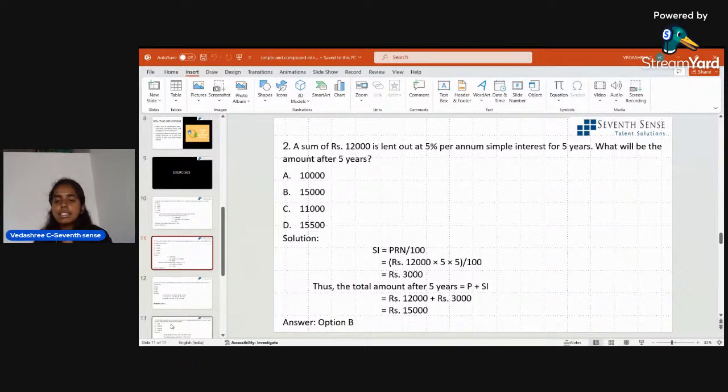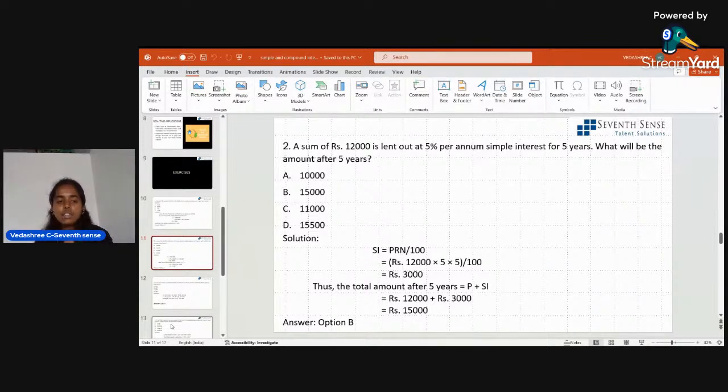In the question it is asked what will be the amount after 5 years, right? So the total amount after 5 years is the principal amount plus the simple interest. The principal amount is 12,000 plus the simple interest 3,000. If we add both, we'll get 15,000 as the answer.